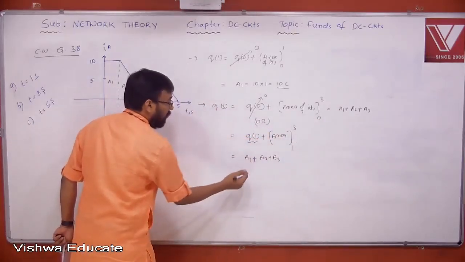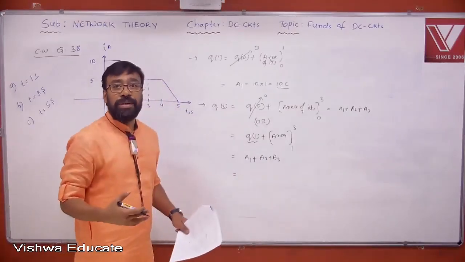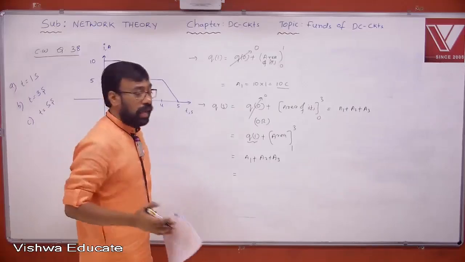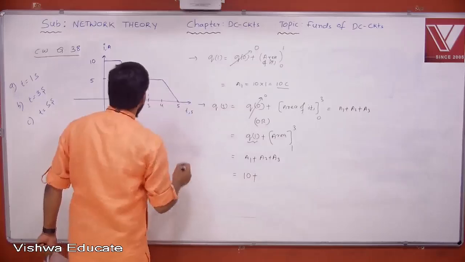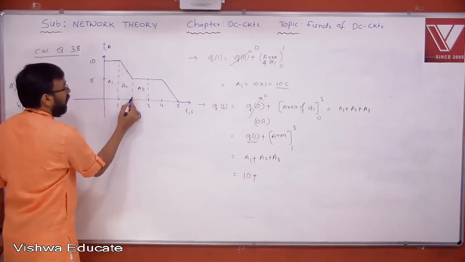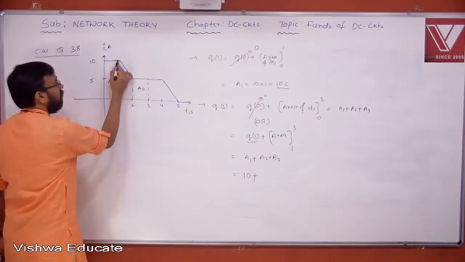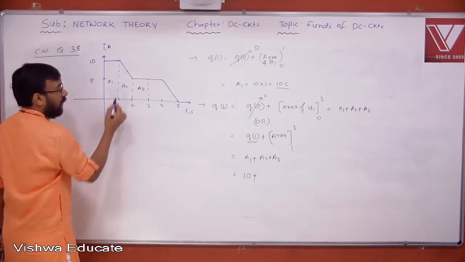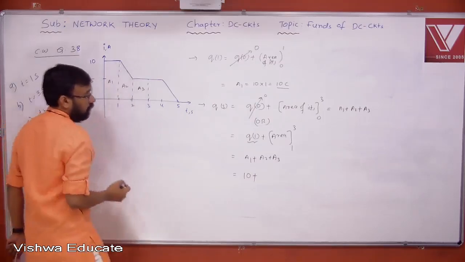Just to make you understand, I'm elaborating because different problems come in different dimensions. One should have clarity in how we are calculating in different ways. So let's go with A1 is 10 plus A2. What is A2? Tell me. H by 2 into A plus B, because it is a trapezoid, right? Height is how much? 1. A is 10, B is 5. The trapezoid: H, A, B, right?